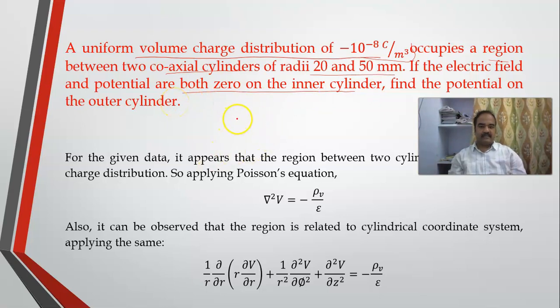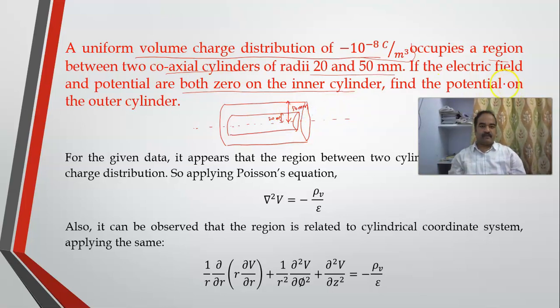Which means that there are two cylinders having a common axis. The radius of the inner cylinder is 20 mm and the outer cylinder is 50 mm.